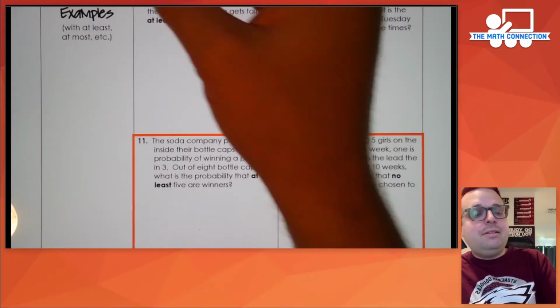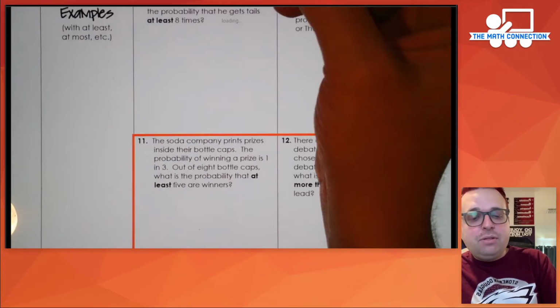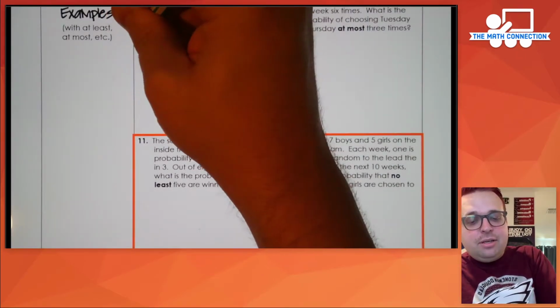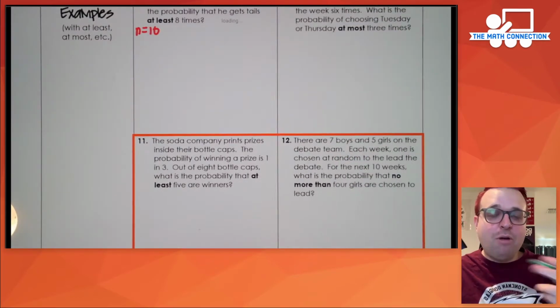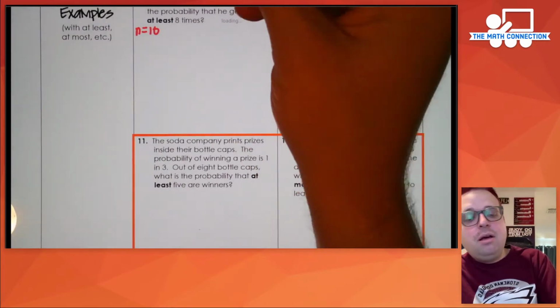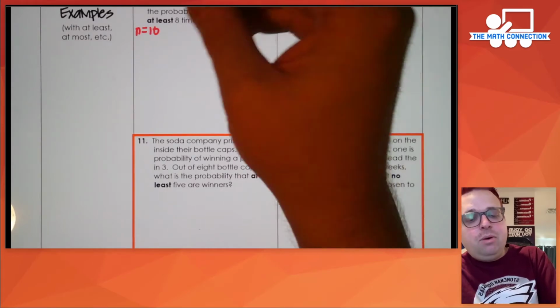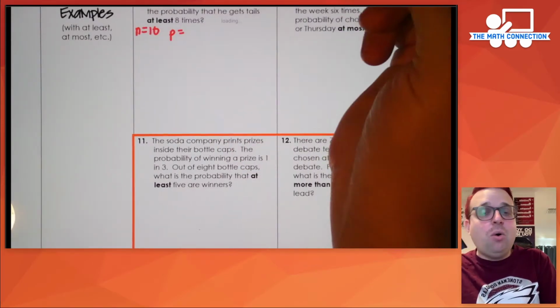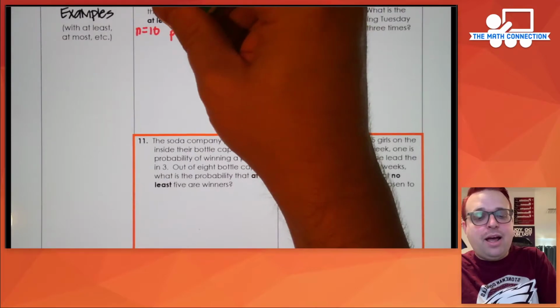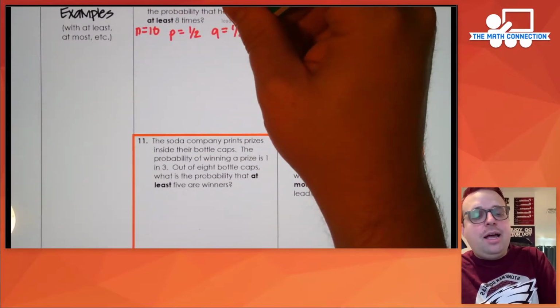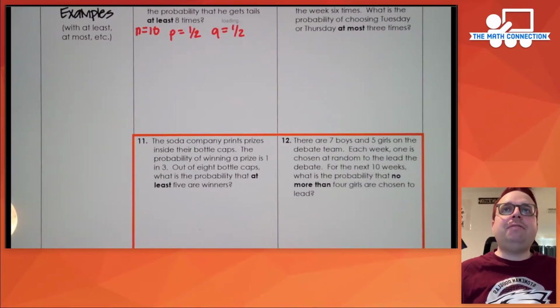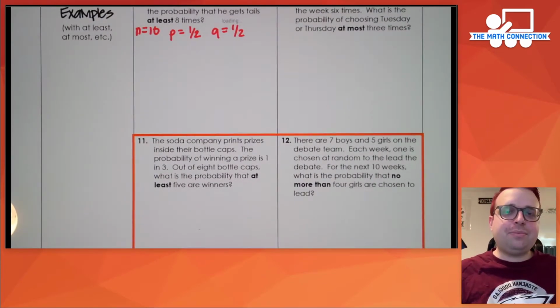Okay, so let's define some stuff. The first thing is n, which is 10 experiments. He does the experiment 10 times, the 10 trials. What's the probability? Well, what's the success, right? So it's a coin toss, so the success is 1/2 and the failure is 1/2. And I can't really define R just yet.